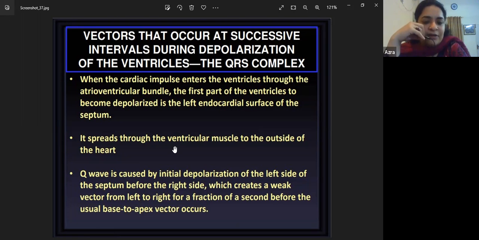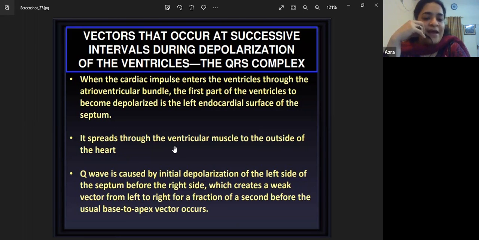Now next, the Q wave is caused by initial depolarization. How is the Q wave caused? The Q wave is caused by initial depolarization of the left side of the septum before the right side.